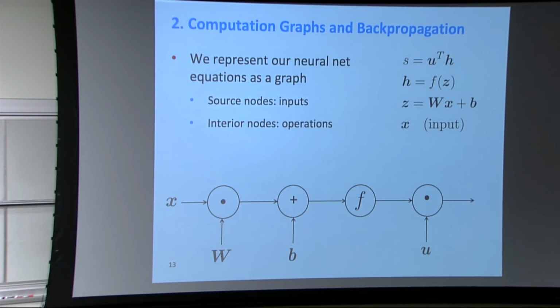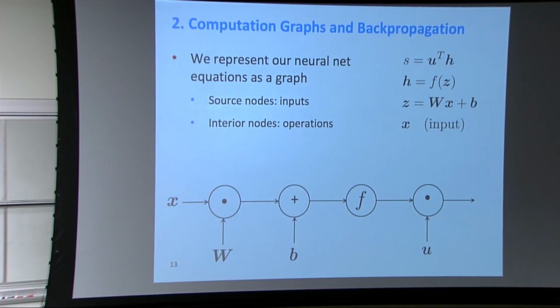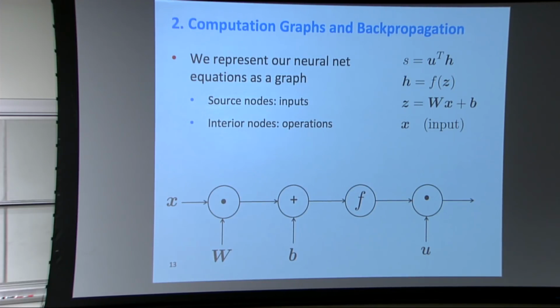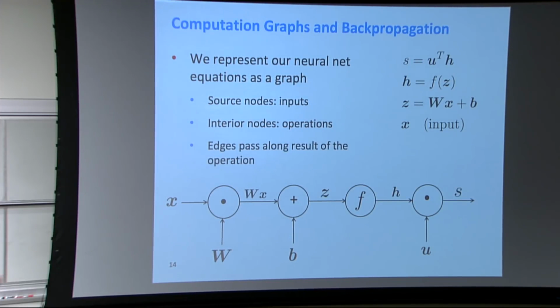So the source nodes are inputs, the interior nodes of this tree are operations, and then we've got these edges that pass along the results of our computation. And so this is the computation graph for precisely the example I've been doing for the last lecture and a while-ish. Okay, so there are two things that we want to be able to do.